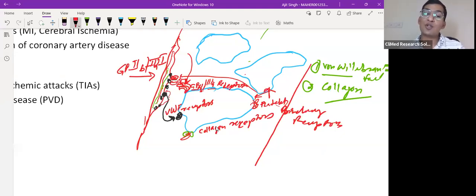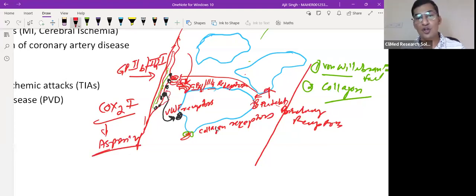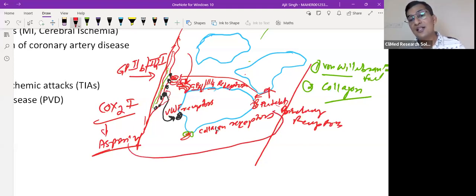Now the second thing, COX inhibitors. COX inhibitor is only one, aspirin usually. Only one drug in this category, aspirin. So how does aspirin stop that? Aspirin comes and this is the COX receptor.